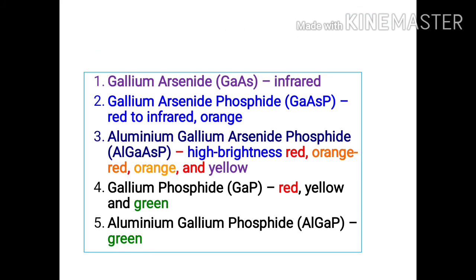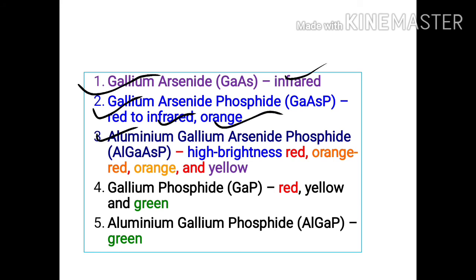The first category is gallium arsenide, that will produce infrared rays. If we are using gallium arsenide, then we will obtain infrared rays, that is the invisible category. Second one is gallium arsenide phosphide, it will give red to infrared and orange color.